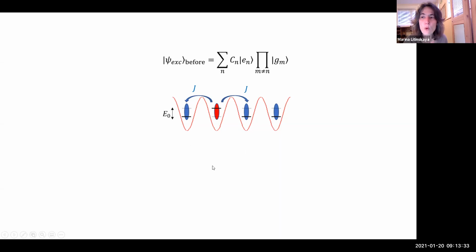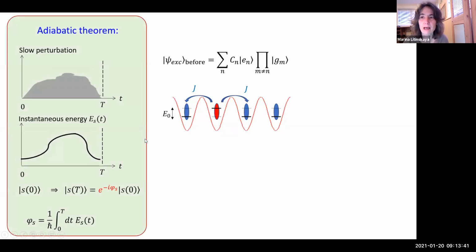And what will happen to this exciton if we come up with some perturbation, maybe with some electric field? And to answer this question, let's recall the Adiabatic theorem. Assume that we have a slow perturbation. So some perturbation is switched on, and after some time, it goes out.